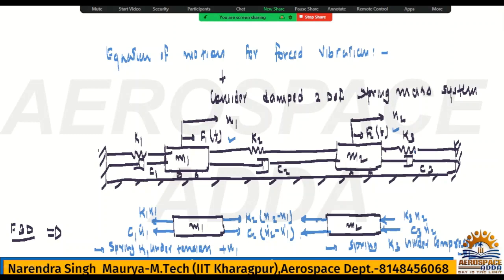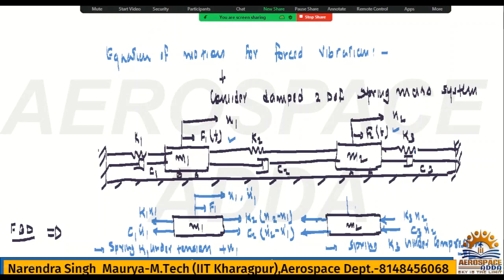So this is the free body diagram, and obviously there is the inertia force. If you draw for this, the force is F1 here, and at the same time the displacement is x1, and x1 double dot is the acceleration in forward direction.